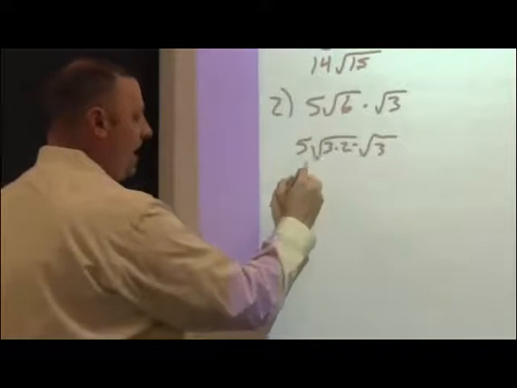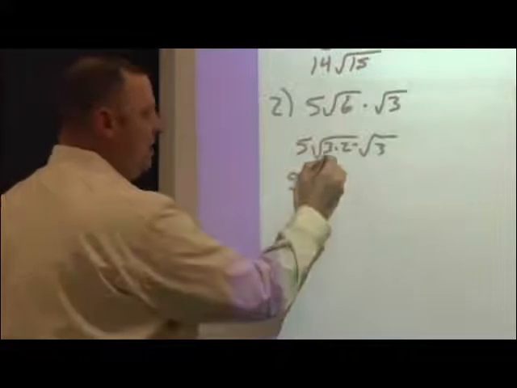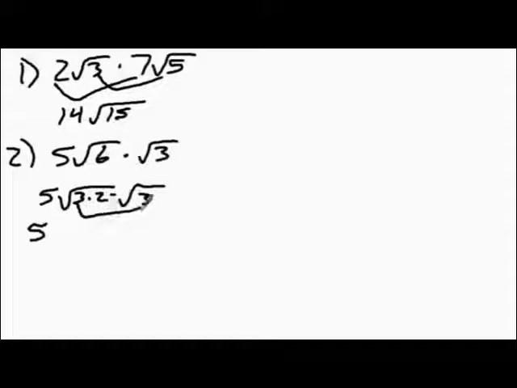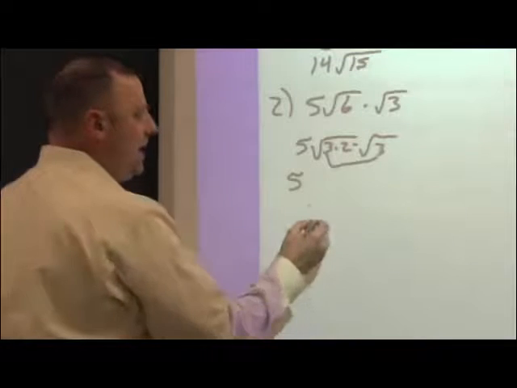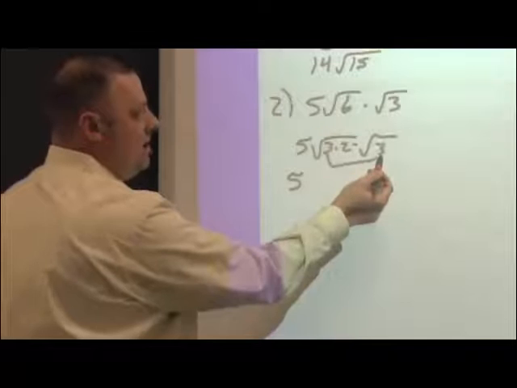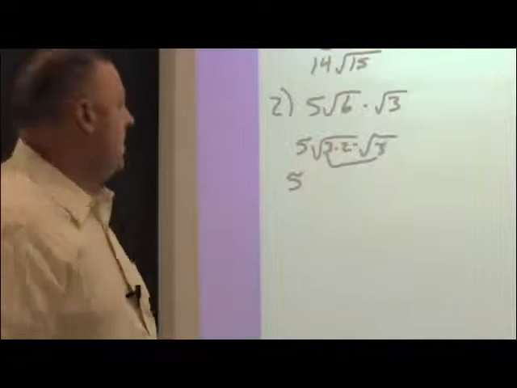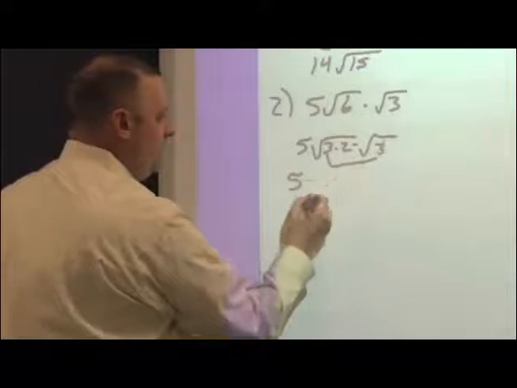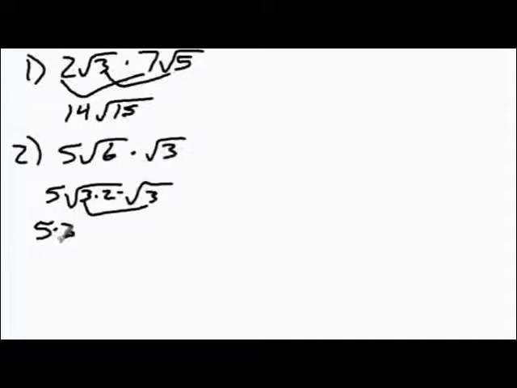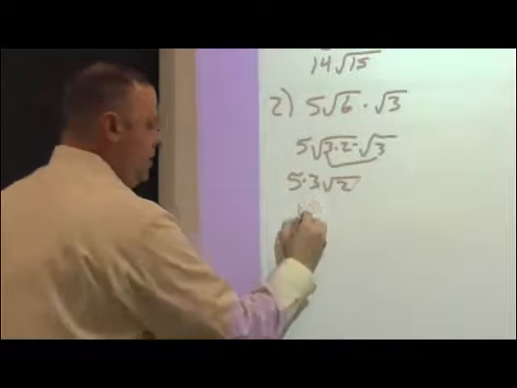I see a pair of the same numbers. Radical 3 times radical 3 is square root of 9, which is 3. So anytime you have a radical times the same radical, it's going to be that number. Like if you had radical 7 times radical 7, that's 7. In this case, radical 3 times radical 3 gives times 3 on the outside, with a 2 left over inside. So that's going to give you 15 radical 2.